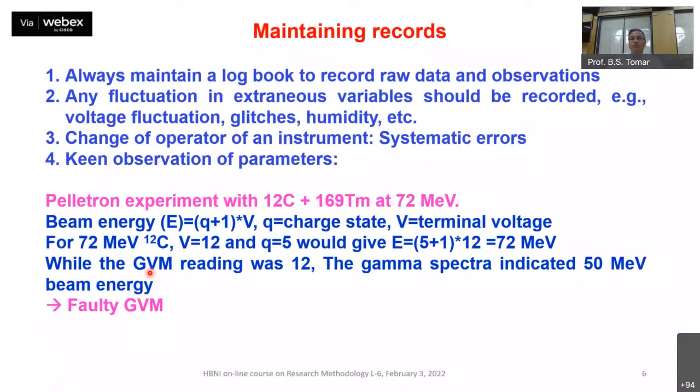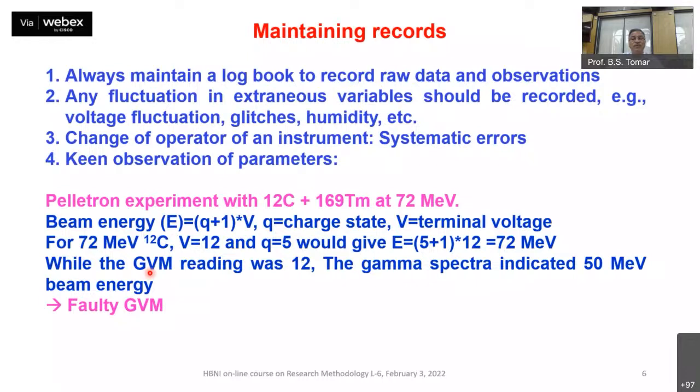So he called the Pelletron in-charge, who was living in the TIFR colony. He came and again asked me if I was 100% sure that it is not 72. I said, I am 100% sure it is not 70. Actually, it was not at 12; it was around 10, or maybe less than 10.